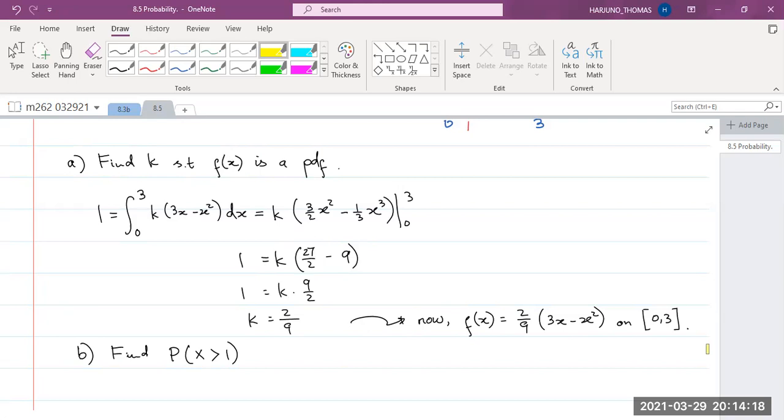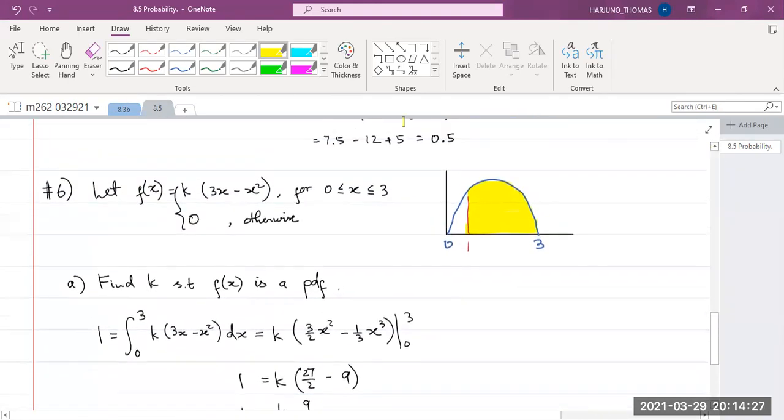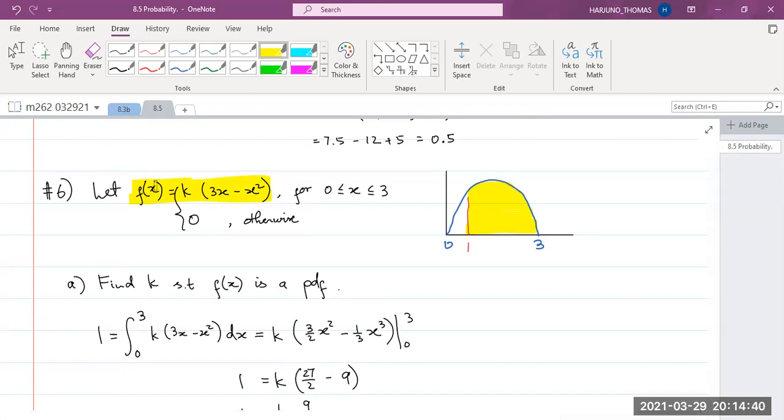So k is the area under the curve in this instance? No, k is the coefficient. If you take a look at the question, they say that f of x is k times something. You need to find what k is, so that the area under the curve is 1. Okay, thank you.